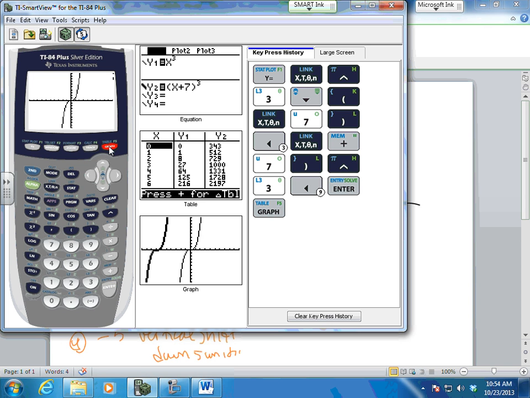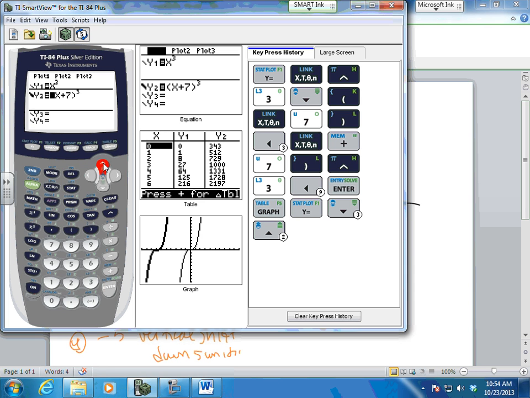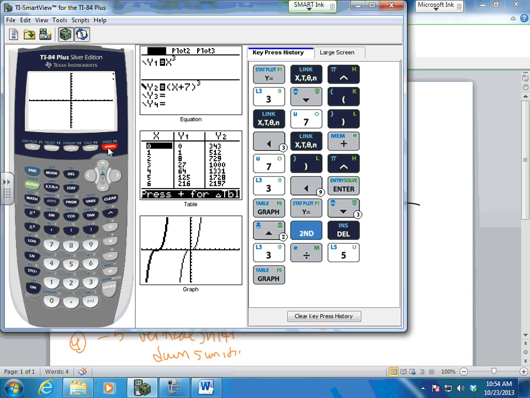Here's my cubing graph. Look at my x plus 7. Okay? Now, let's take this guy and put 3/5 in front of this. Add another transformation here. Insert 3/5. And let's see what happens now. We're still here, but we're just a little bit wider. Just slightly wider. We really can't even notice too much difference.